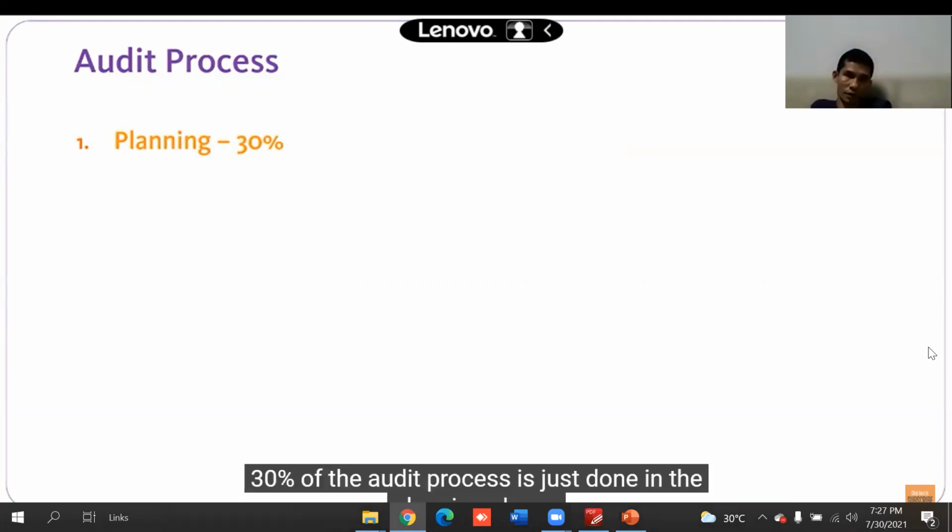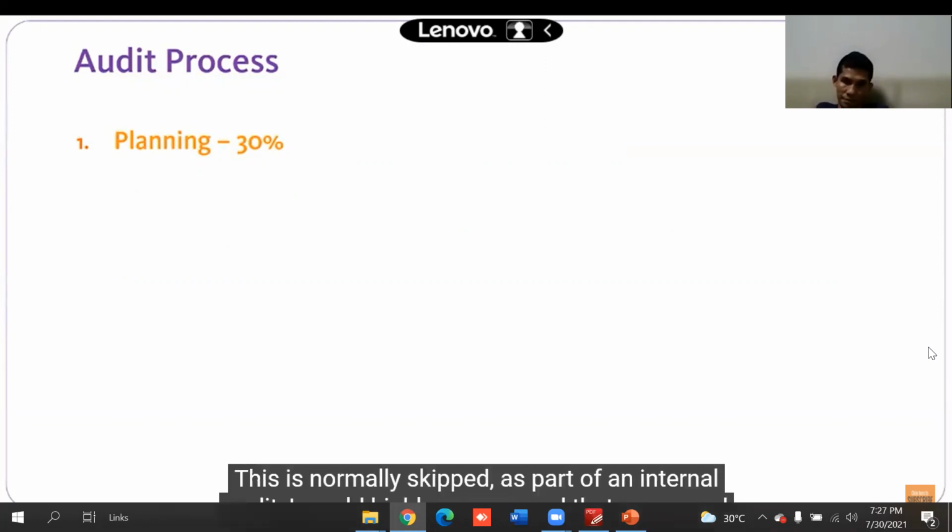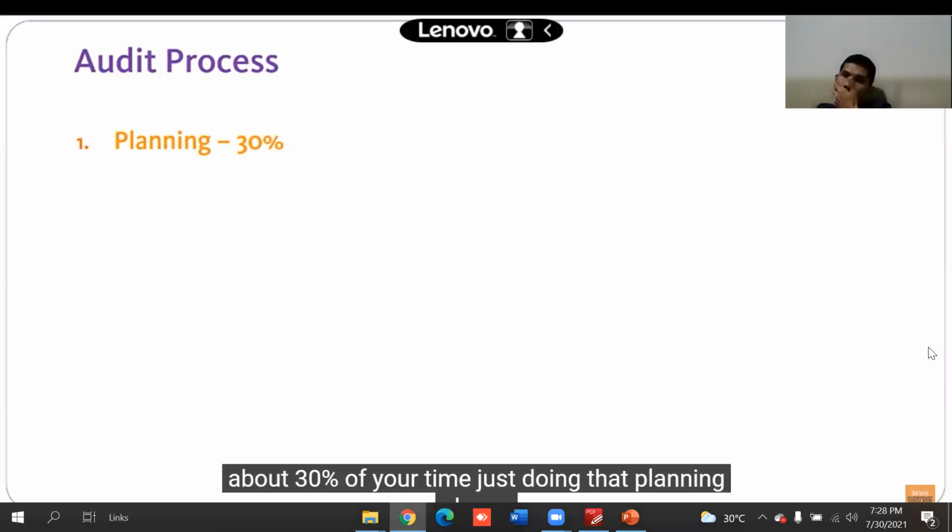So 30% of the audit process is just done in the planning phase. This is normally skipped as part of an internal audit. I would highly recommend that you spend about 30% of your time just doing that planning phase.